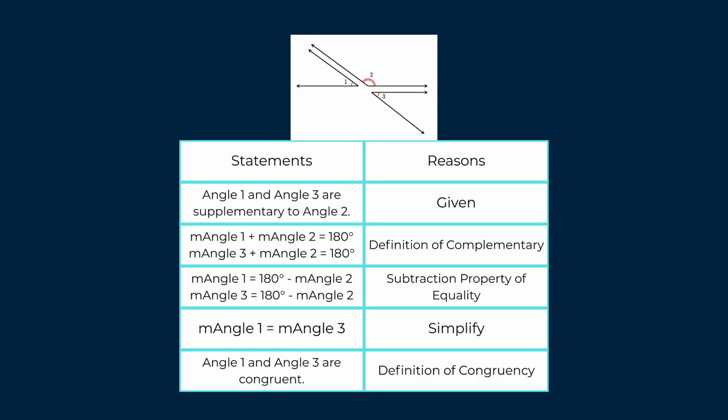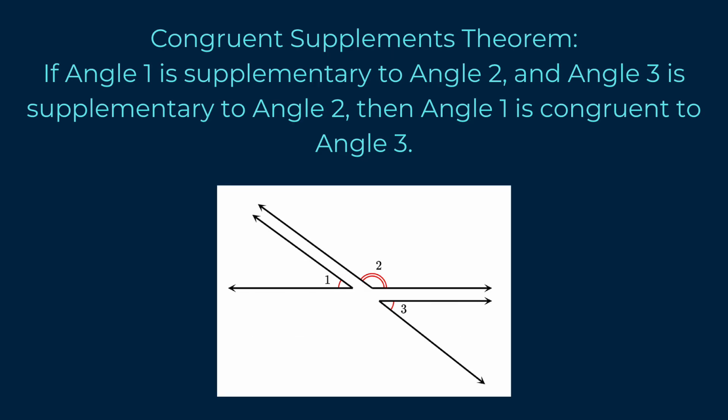As you can see, the measure of angle 1 is still equal to the measure of angle 3, and they are still congruent. So the congruent supplements theorem would be: if angle 1 is supplementary to angle 2, and angle 3 is supplementary to angle 2, then angle 1 is congruent to angle 3.